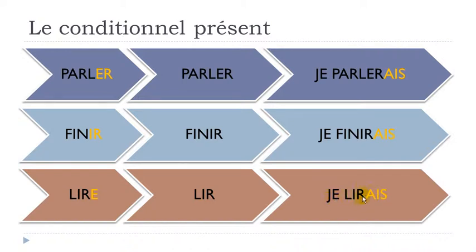Je lirais. All right, so the rule goes like, if you've got a final E then you take it away, you've got your form here, L-I-R, and then you add your ending, A-I-S, je lirais, okay? So you've got 3 forms here, and they're actually the, well, conditionnel présent forms. Je parlerais, je finirais, je lirais, okay? Parler is to talk or to speak, finir to finish or to end, lire to read, okay?